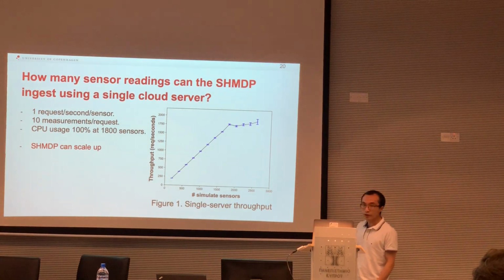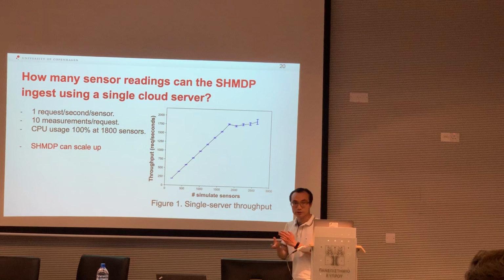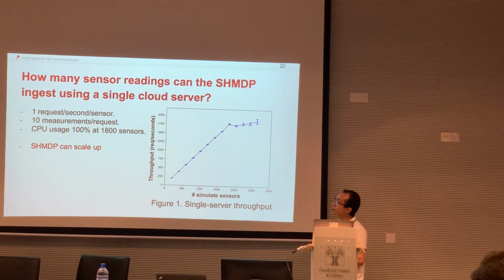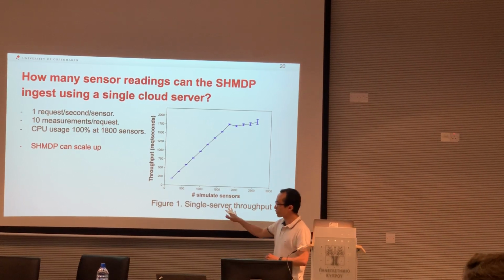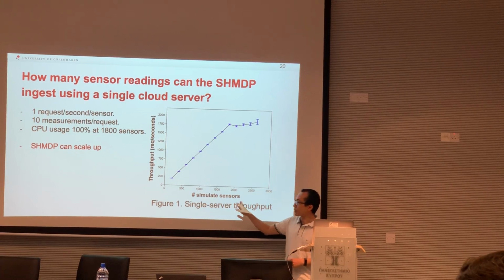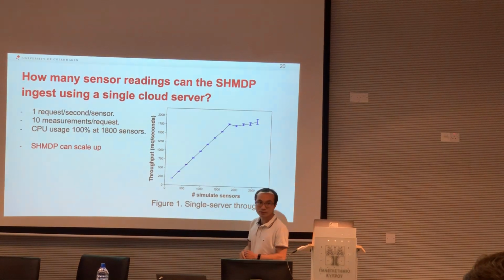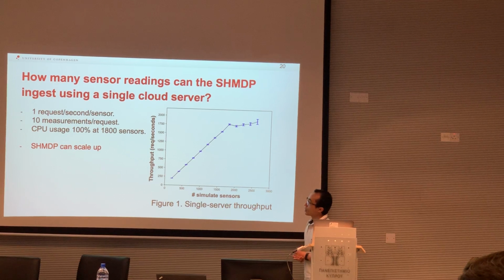So we ran a few experiments to see the performance of this platform. The first experiment is that we deploy one single server, and then we increase the number of simulated sensors, and we see the throughput, like how many requests per second the platform can handle.